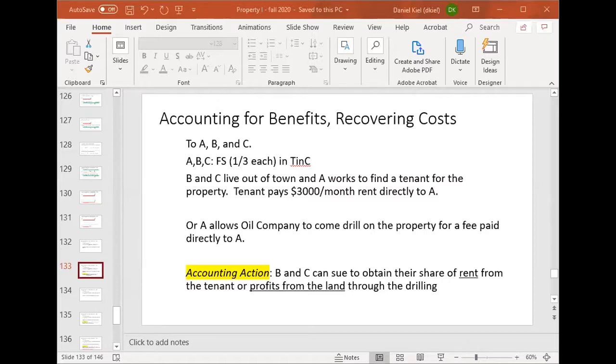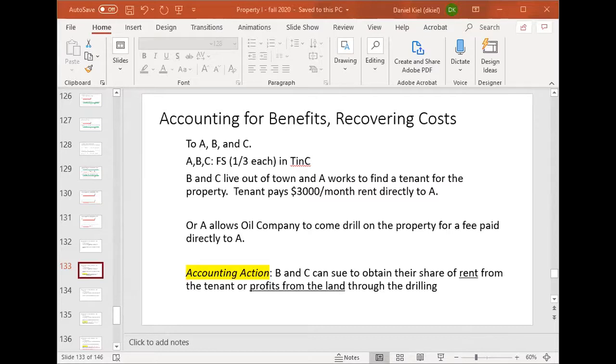So it starts to become a little more complicated when there's a combination of profit from the land and profit from the laborer. Like in the oil example, A isn't doing anything. They've just found somebody and they're leasing out or licensing out use of their property.